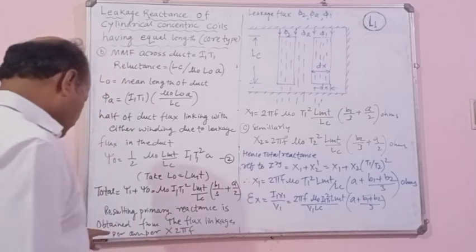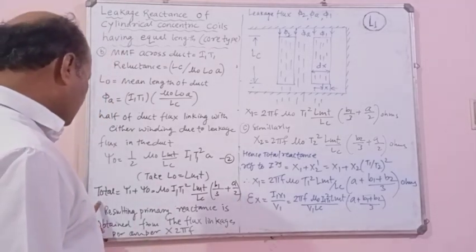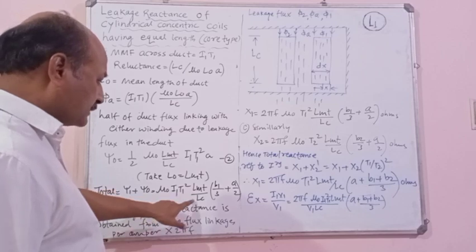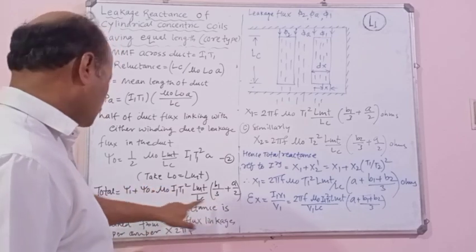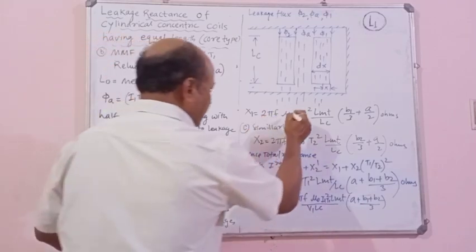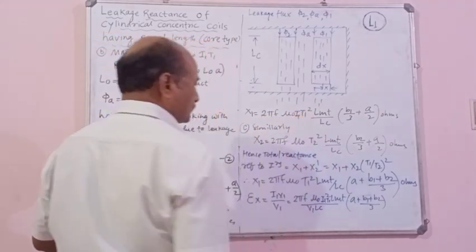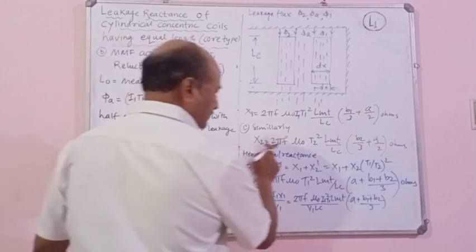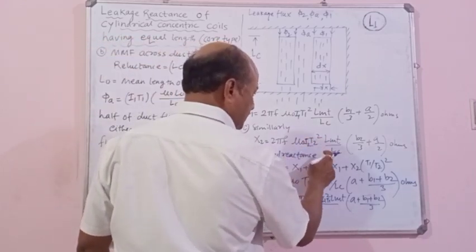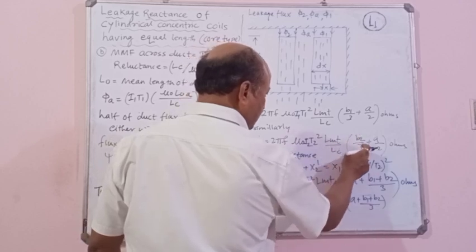So we have the total value of flux equals mu 0 I1 T1 square LMT by LC into B1 by 3 plus A by 2, multiplied by 2 pi f, with the remaining values as they are. Similarly x2 equals 2 pi f I2 into T2 square LMT by LC into B2 by 3 plus A by 2 ohm.